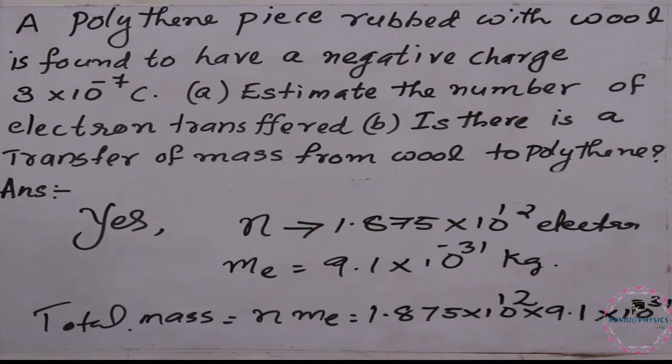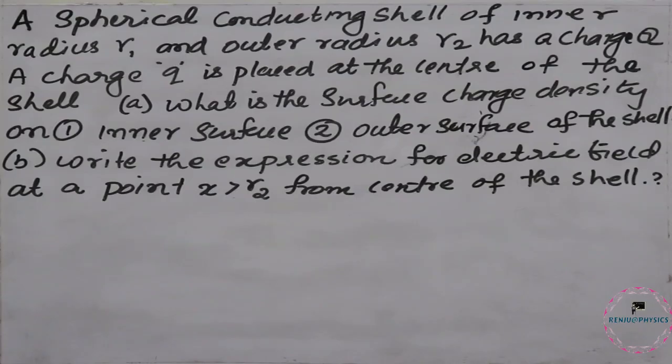When we solve this, we get its value, 1.687 into 10 raised to minus 18 kilogram. So this much mass is transferred during rubbing of polythene and wool. So surely there will be a transfer of mass. We can find the total mass transferred if we know the number of electrons and the basic mass of the electron.